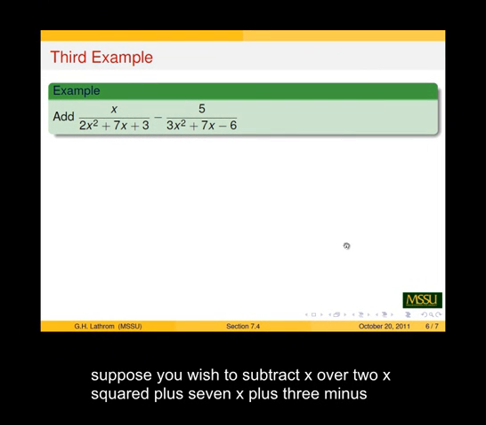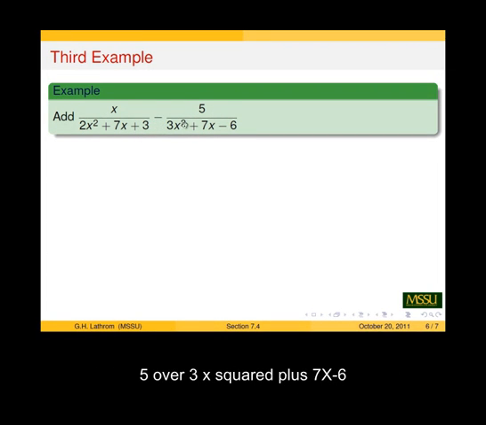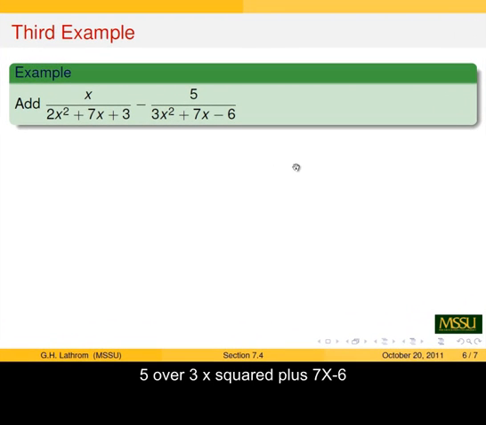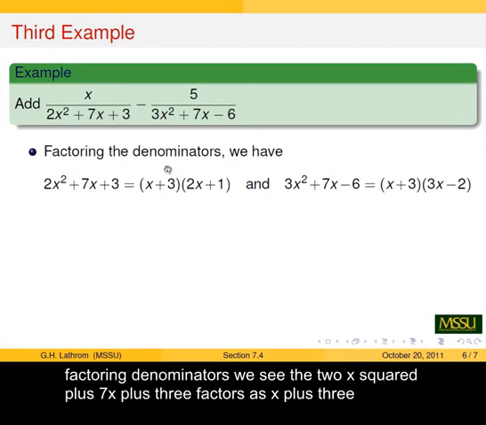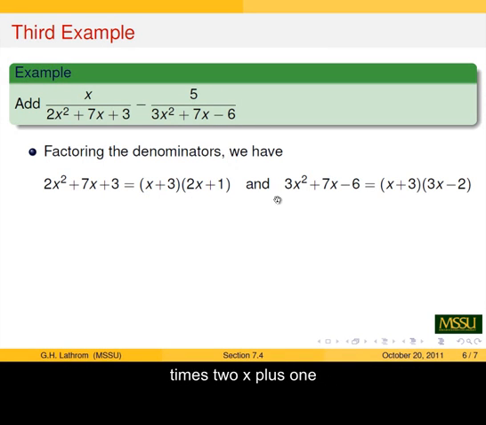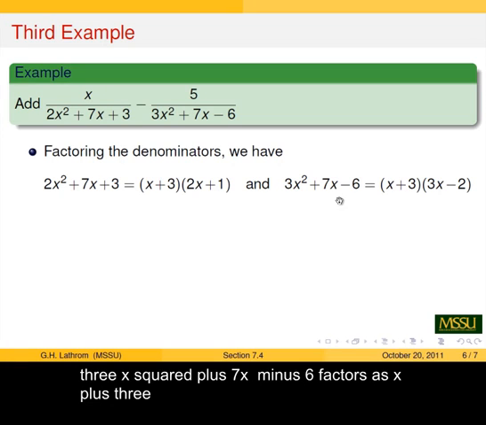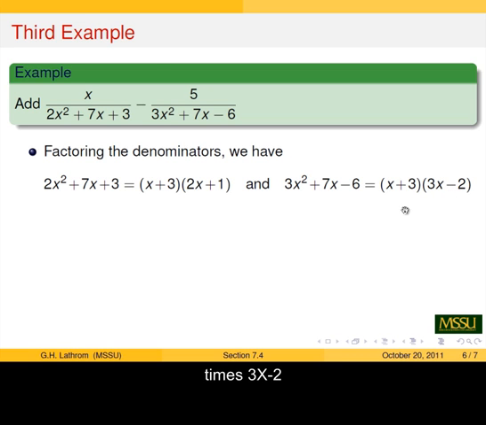Now suppose we wish to subtract x over 2x squared plus 7x plus 3 minus 5 over 3x squared plus 7x minus 6. Factoring denominators, we see that 2x squared plus 7x plus 3 factors as x plus 3 times 2x plus 1. 3x squared plus 7x minus 6 factors as x plus 3 times 3x minus 2.